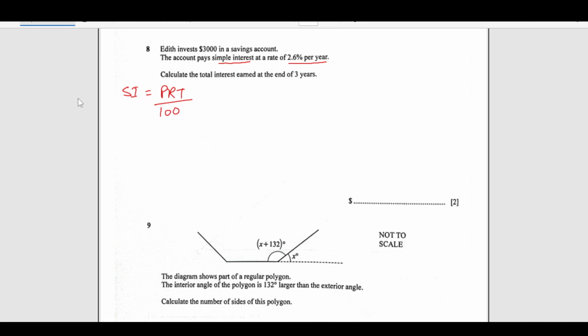Then we are given that principal is 3000, rate of interest you can see is 2.6, and time is 3 years, divided by 100, right? So when you calculate this, it is 234. So 234 is the final answer.